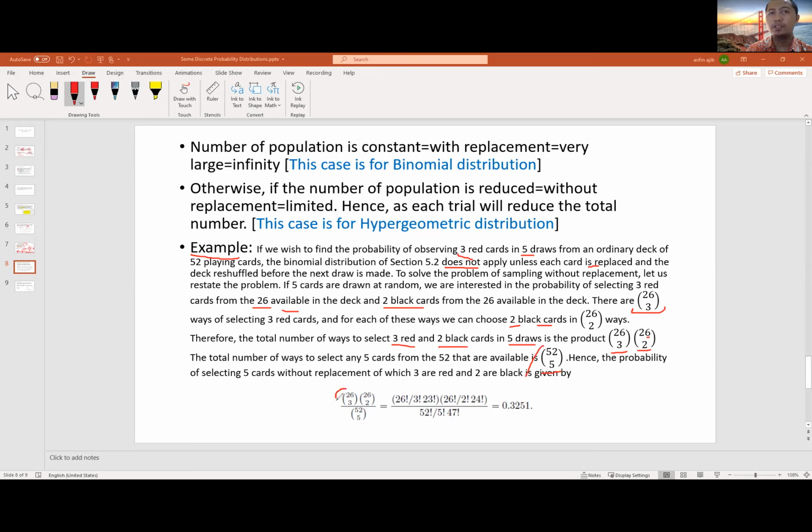That's why these are combinations, and we compute them based on the factorial, and then we can compute this result. That's the point of hypergeometric distributions. Okay.